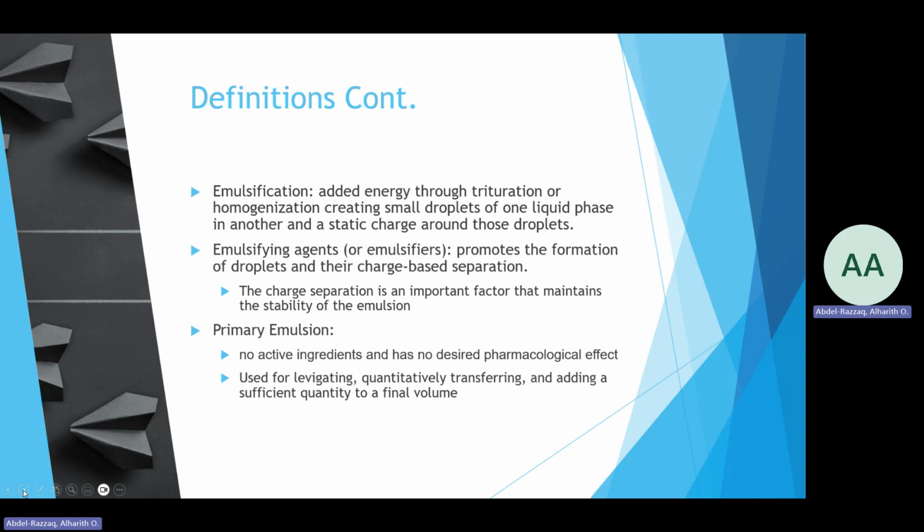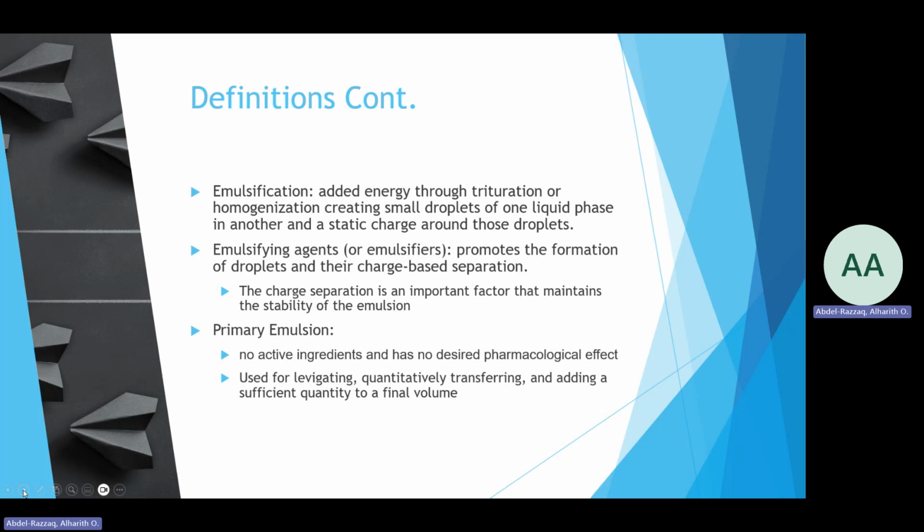As far as an emulsifying agent, or these are also known as emulsifiers, these promote the formation of droplets and their charge-based separation. The charge separation is actually a really important factor, and that actually maintains the entire stability of said emulsion.